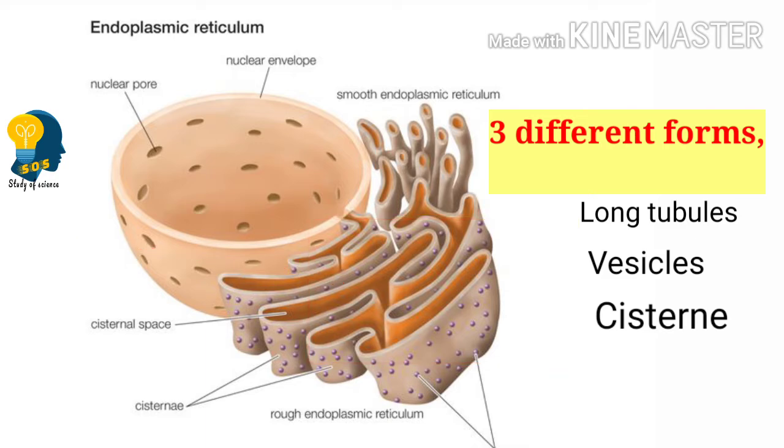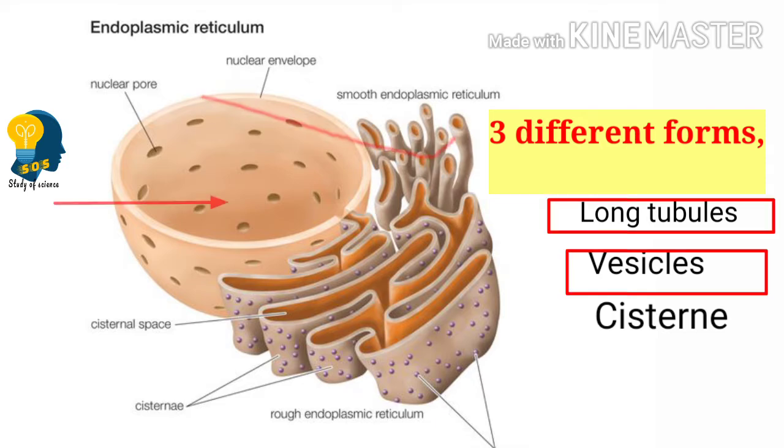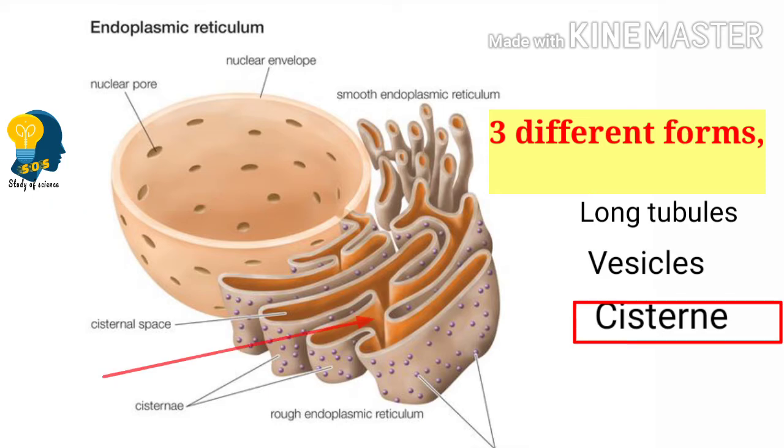The endoplasmic reticulum occurs in three different forms: long tubules, which look like tubes; vesicles, which look like bags; and cisternae, which look like fold-like structures. Cisternae are the structures which have folds on the endoplasmic reticulum. These are the various forms of the endoplasmic reticulum that we can see in the cell.